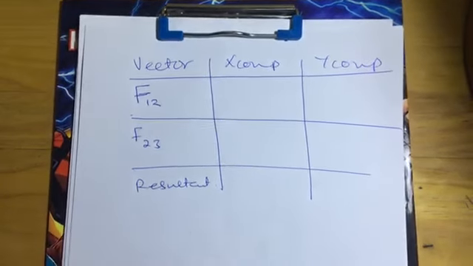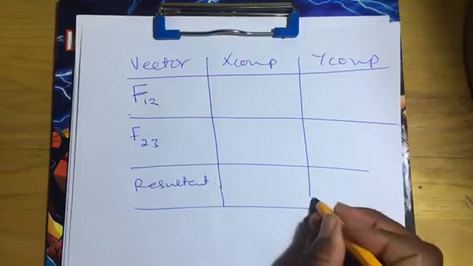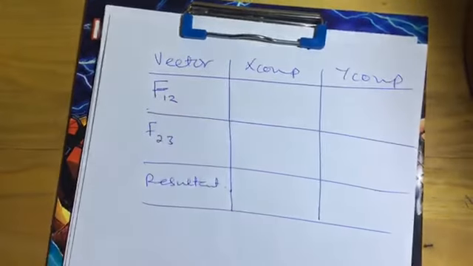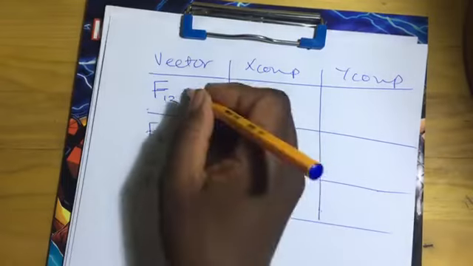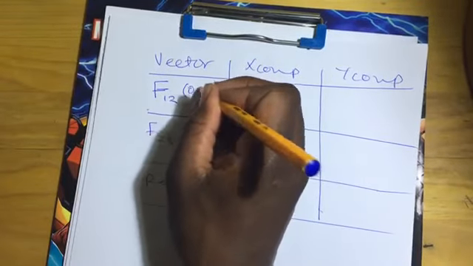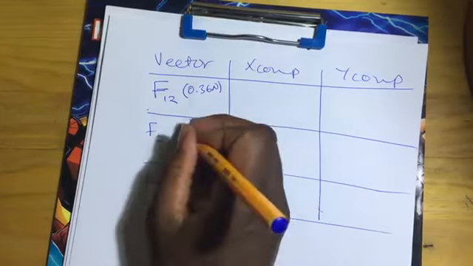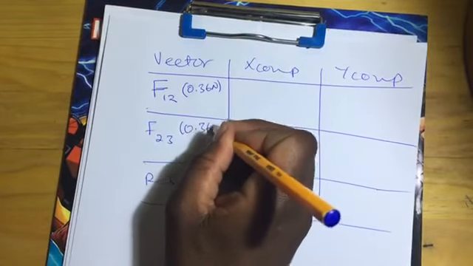Now, F12, what did we find F12 to be? This was 0.36 newtons. The F23 was also 0.36 newtons.